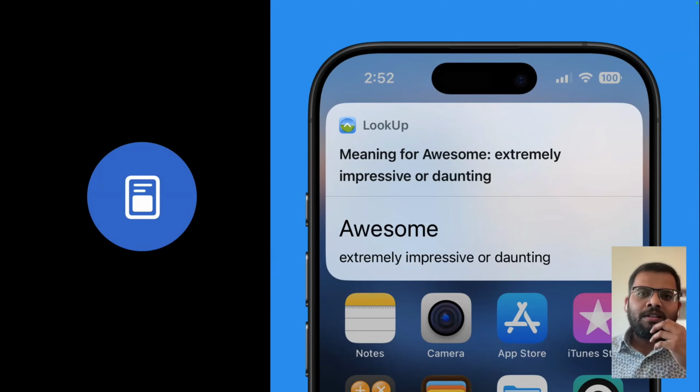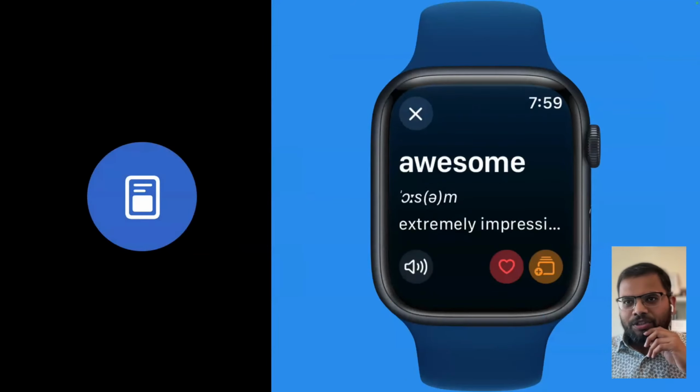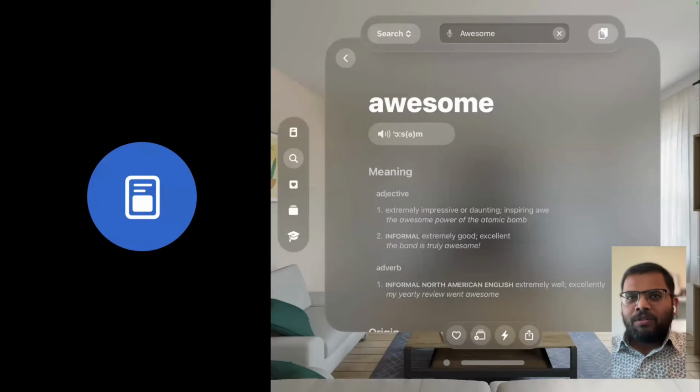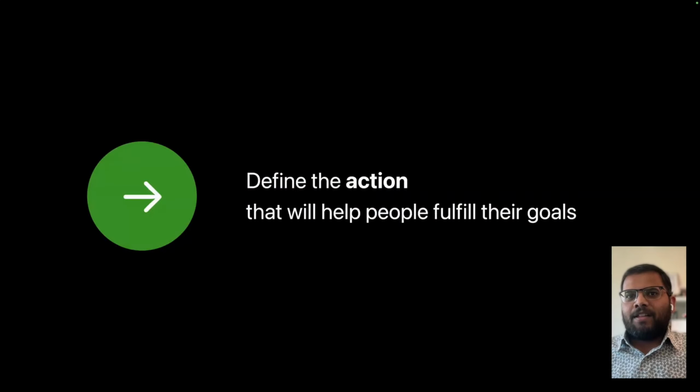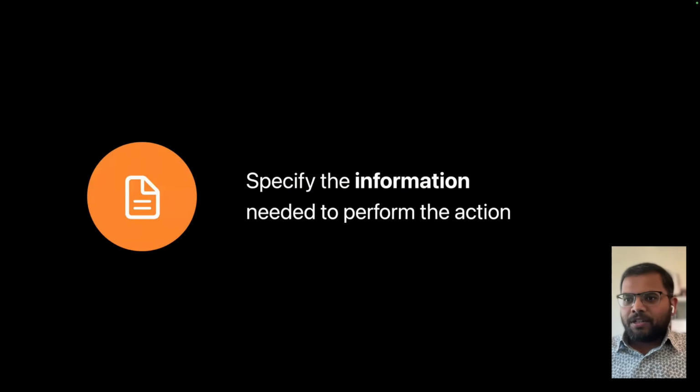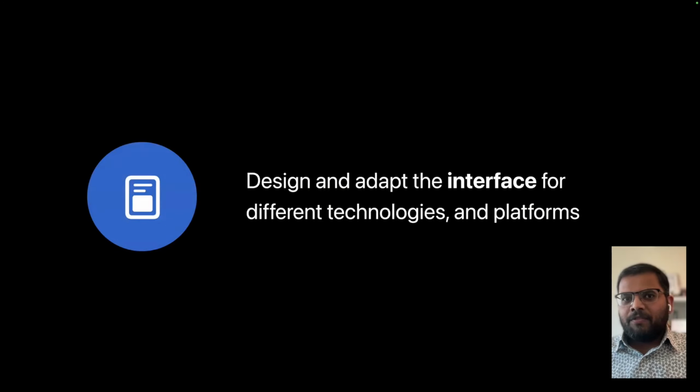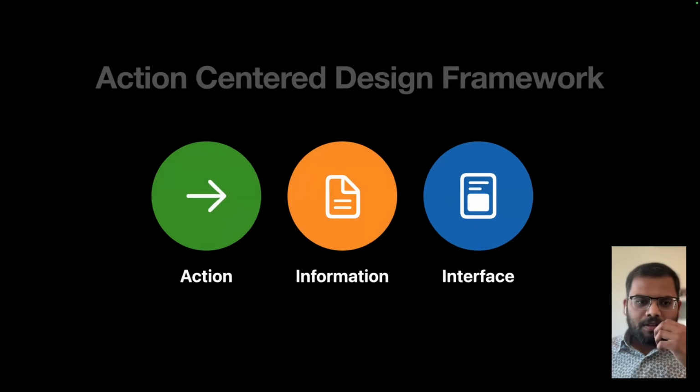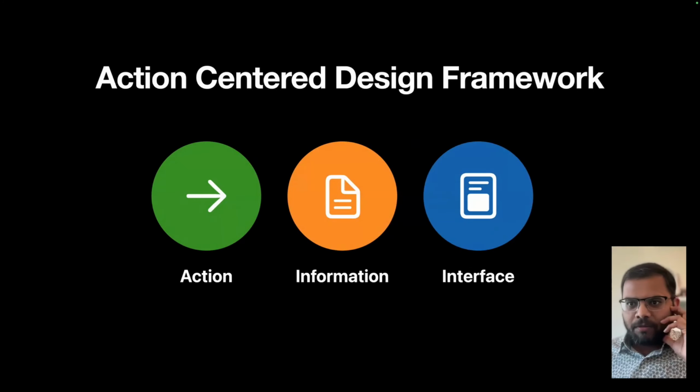This is what happens when you run a shortcuts action to define a word in Lookup, or you could put it on Apple Watch, or you could put it on Vision Pro, and that's literally how everything is working right now. So you start by defining the action, you specify the information needed to perform that action, and you design and adapt the interface for that. That's literally what the framework is.